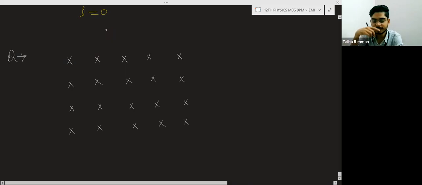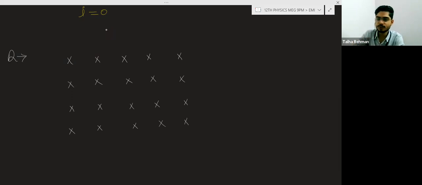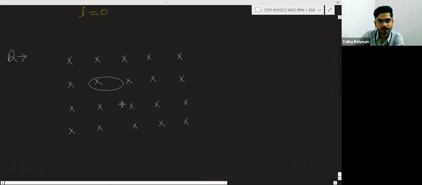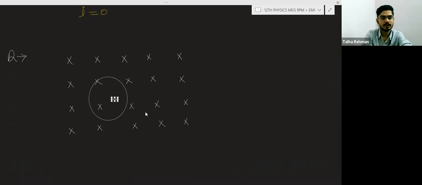Cross means the magnetic field is inwards. And you have a circular coil. This is the coil you have.